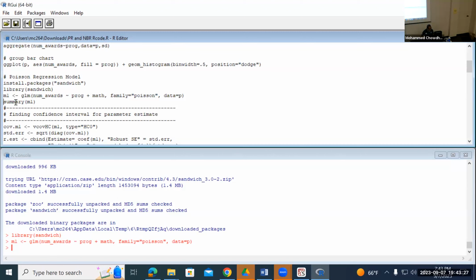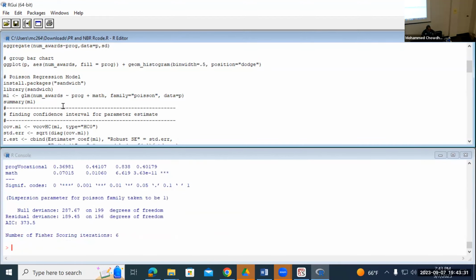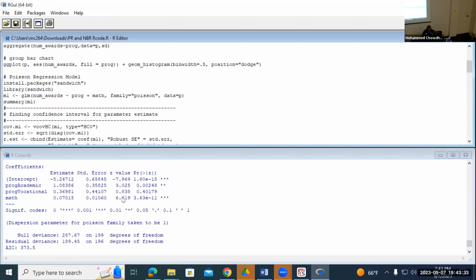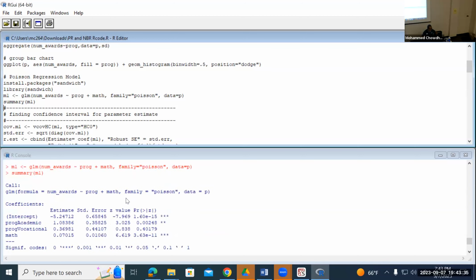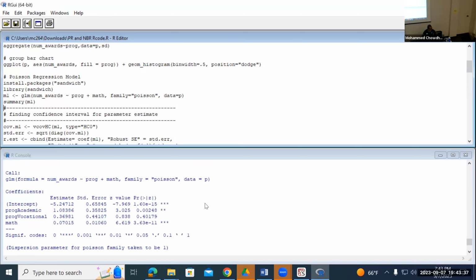Now I want to take a look at the summary statistics. This is the summary statistics. Now, these are the parameter estimates. This is the intercept. This is the academic, vocational.